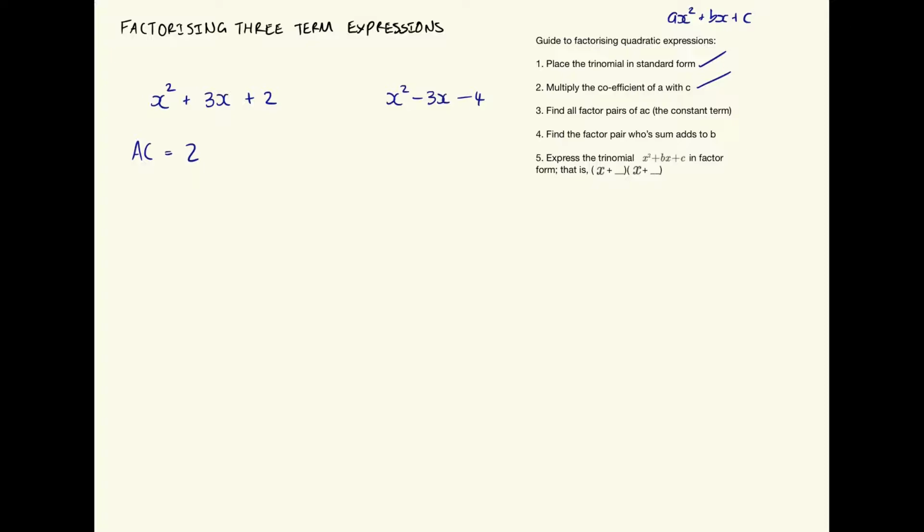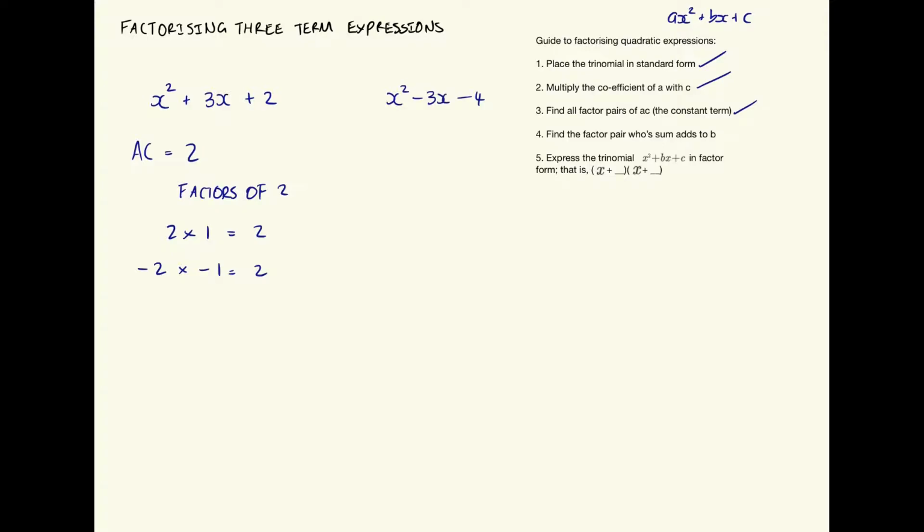Factors of 2 would be 2 times 1 and negative 2 times negative 1, because they would both be equal to positive 2. So they're the factors of 2: 2 and 1, and negative 2 and negative 1. Okay, that's step 3.